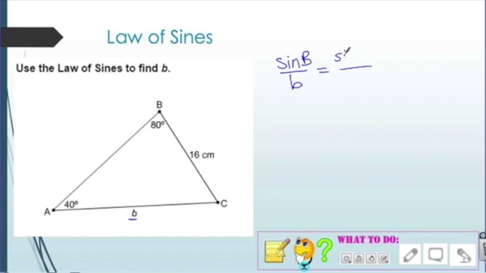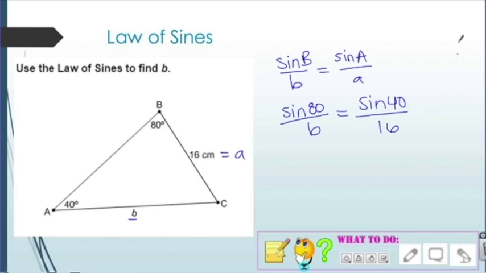We have the sine of angle A, and the measure of side A that is across from angle A. So when we plug all this in, the sine of 80 over B is equal to the sine of 40 over 16.